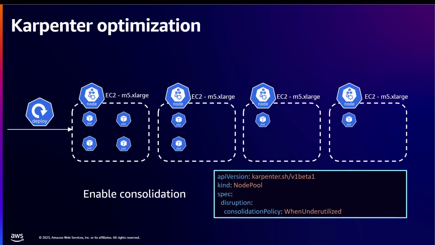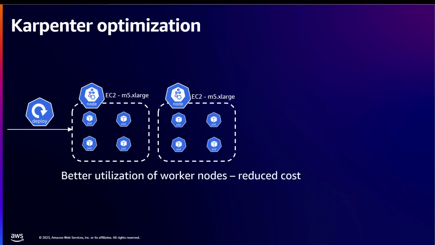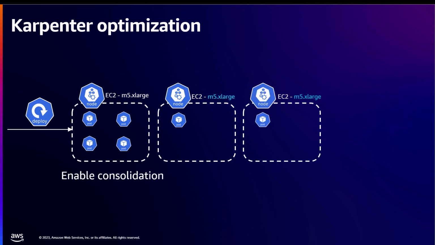With Karpenter, all you need to do is, in the node pool, put this consolidation policy WhenUnderutilized, and Karpenter will automatically bin pack the pods and get rid of other EC2 instances. Not only that, it is also intelligent enough. So let's say in this case, the last 2 EC2 instances are M5.xlarge.